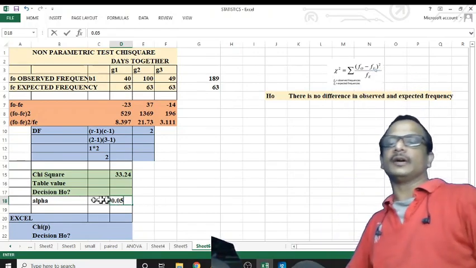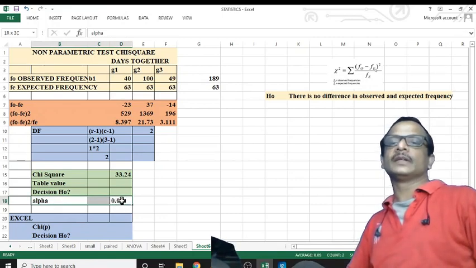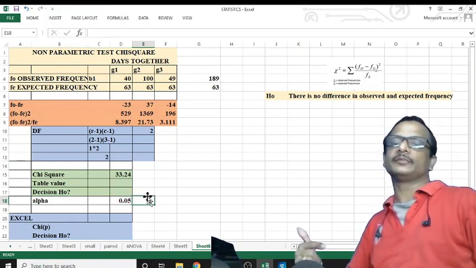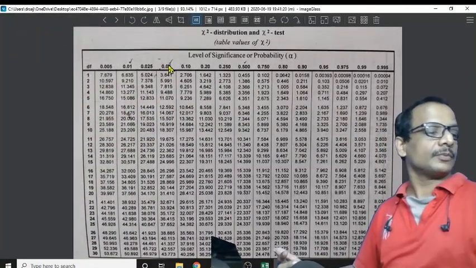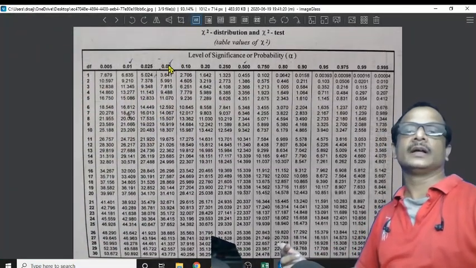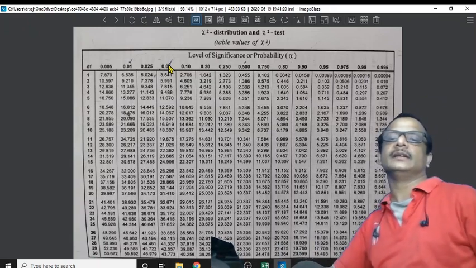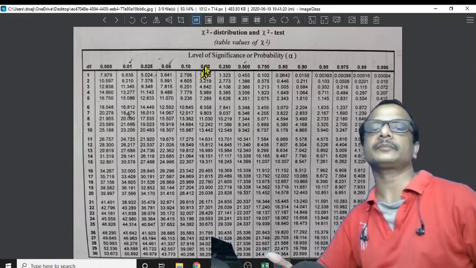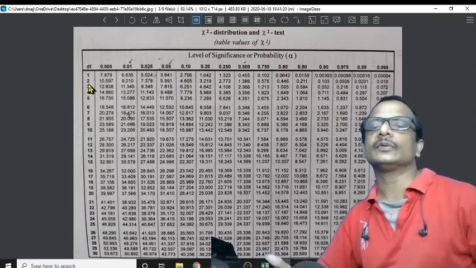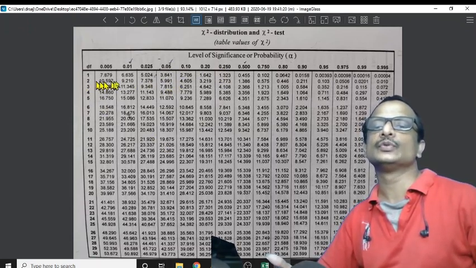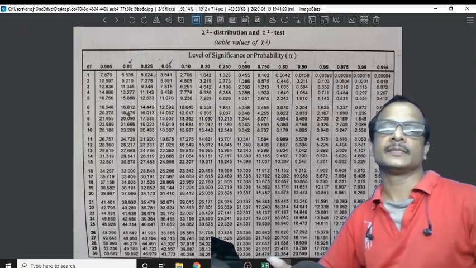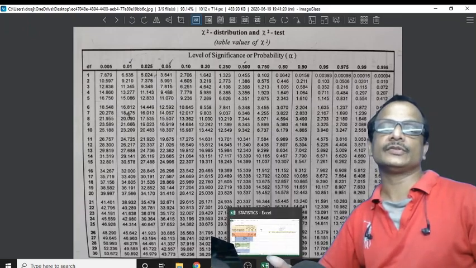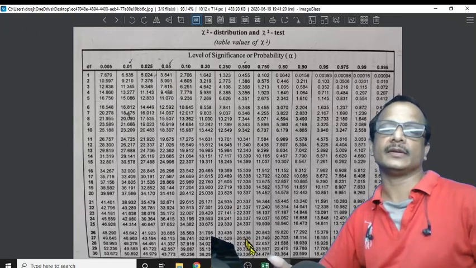If the criterion value alpha is 0.05, that means we have to check in the table for 0.05. Okay, that is the step we needed here. So the corresponding value is 5.991, right? The table value is 5.991.